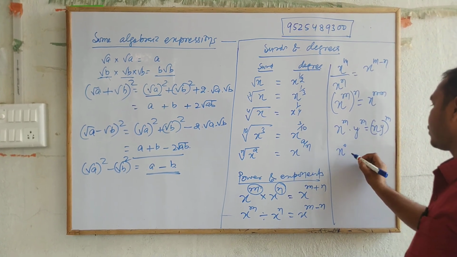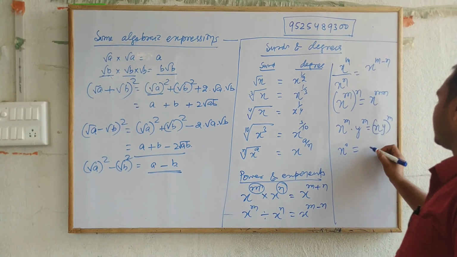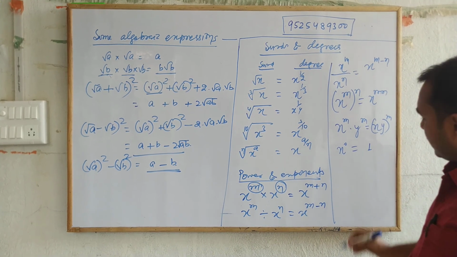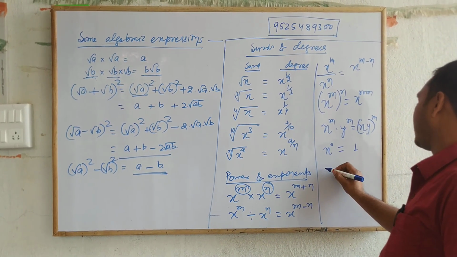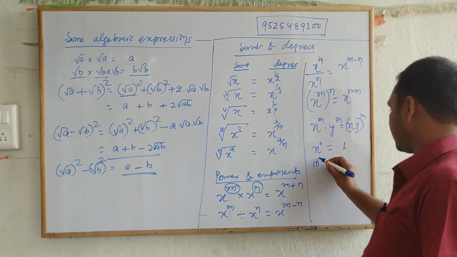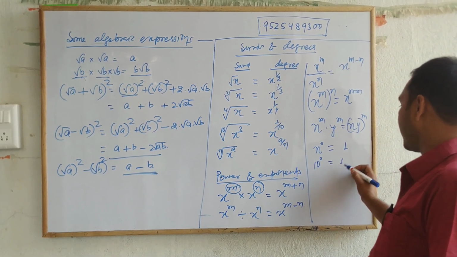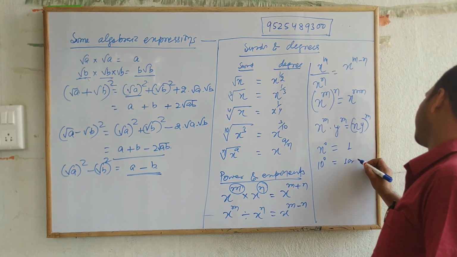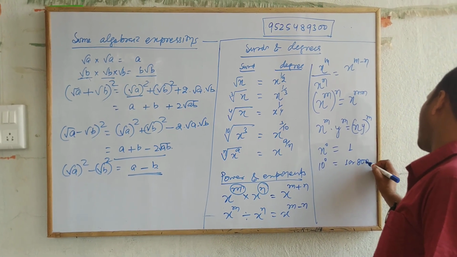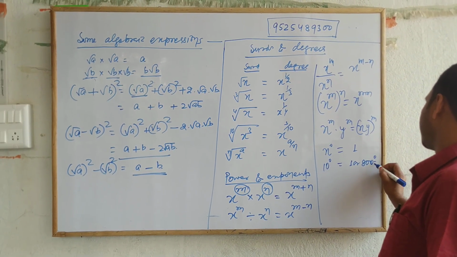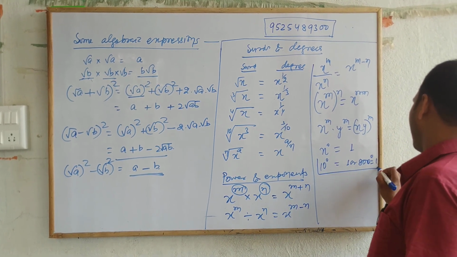And if x to the power 0, then this means 1. If we write also here 10 to the power 0, that means 10 to the power 0 is equal to 1. Or what? That means 8000 and so on to the power 0 also gives the answer 1.